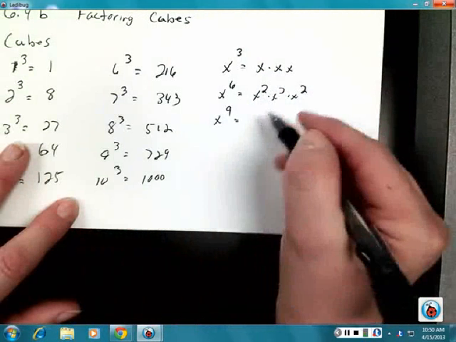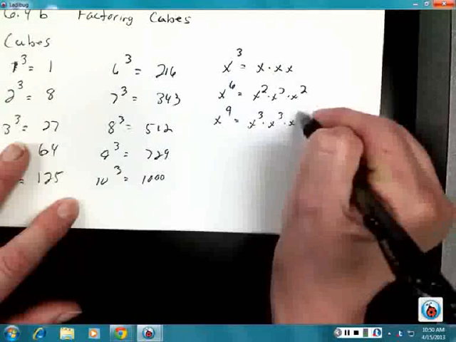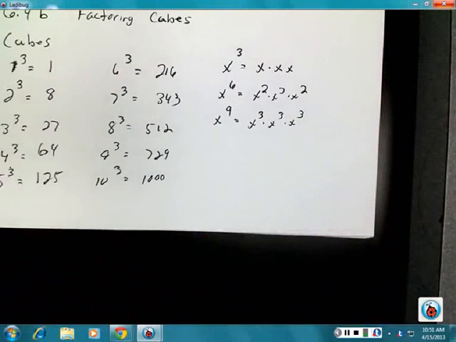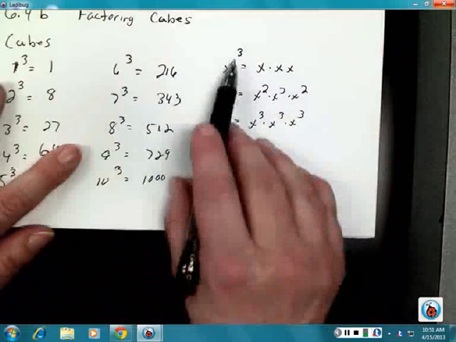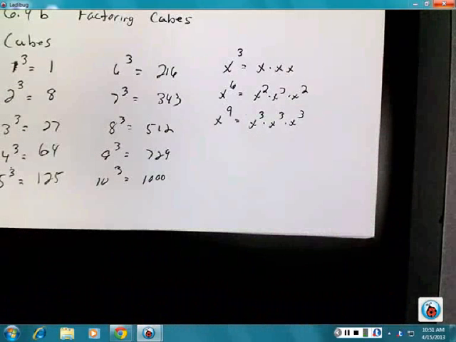And x to the 9th is x to the 3rd times x to the 3rd times x to the 3rd. So that's my main letter cubes that I could possibly have. The common one you're going to see the most is to the 3rd or to the 6th. They don't usually give you anything beyond that point within your cubes.